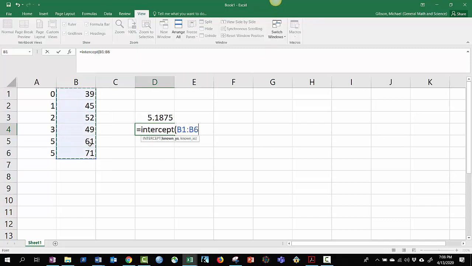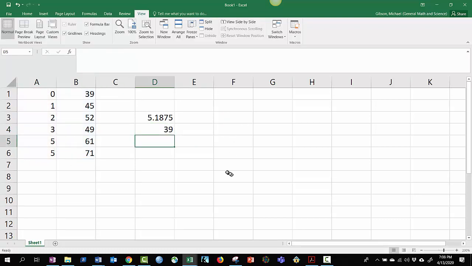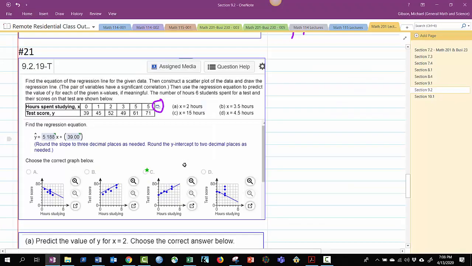Highlight the y's, comma, highlight the x's, close parenthesis, enter. So 0.5188, and then a perfect 39.